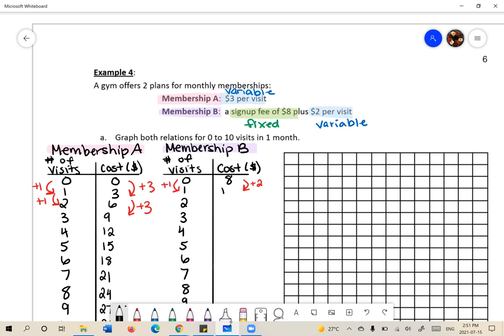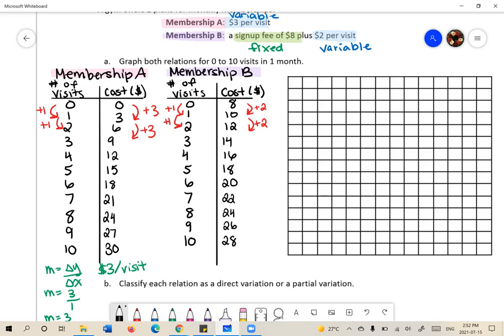X increases by 1, y increases by 2. Finding the slope for membership B, change in y over change in x, which is equal to 2 over 1, which is equal to 2. And as a rate of change, my slope is $2 per visit.